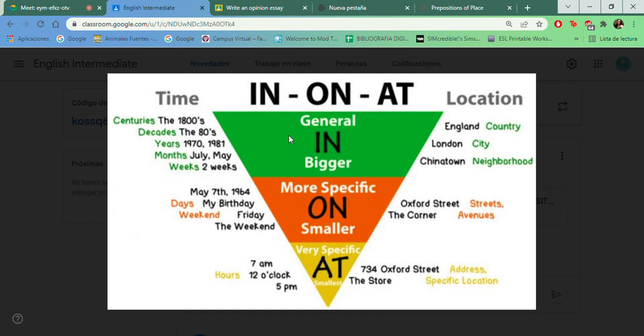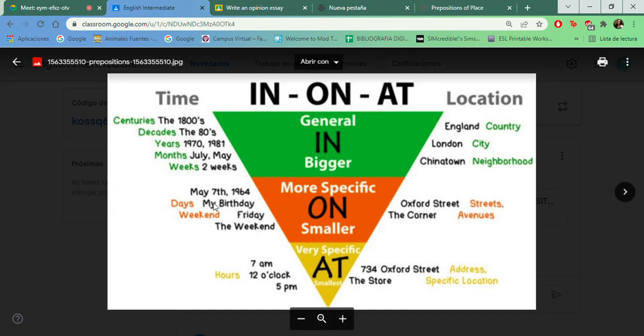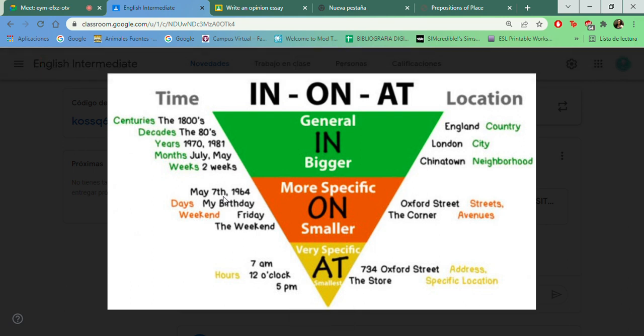Then we have on. On we use it for specific days, always. For example, a date, May the 7th. Remember, dates go with ordinal numbers. This is first, second, third, fourth, fifth, sixth, 21st, 22nd, and you use the last letters of the ordinal number when you write the number, the th in this case.